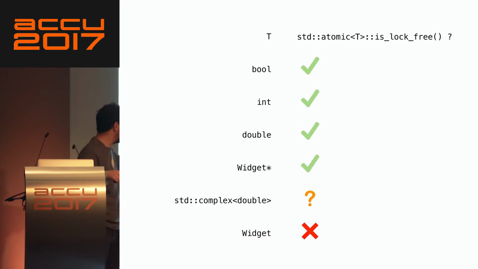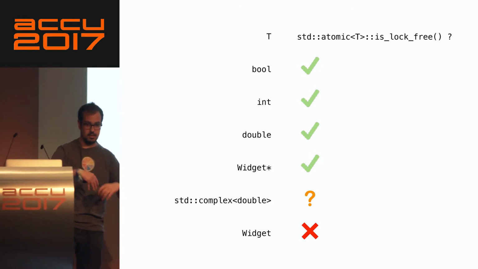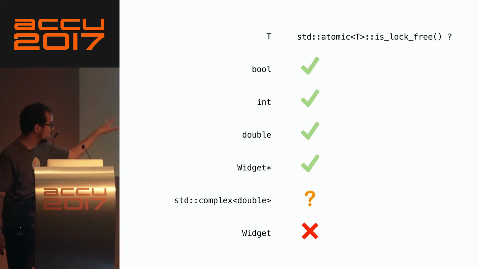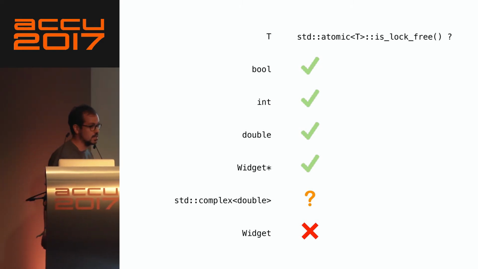If you have something like std complex double, it depends. For example, on my MacBook, this is going to be true, so apparently it supports 16-byte compare exchange. On a PC that I tested, it said false. So it really depends.